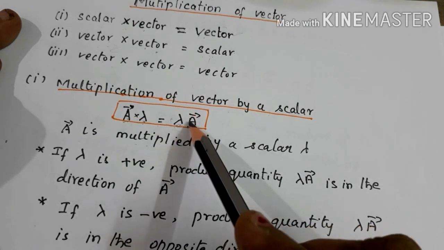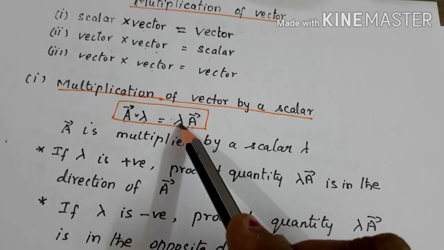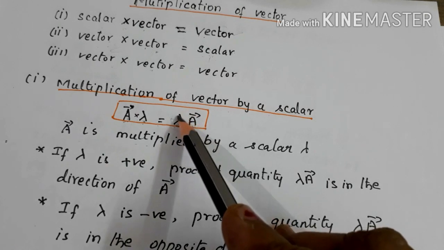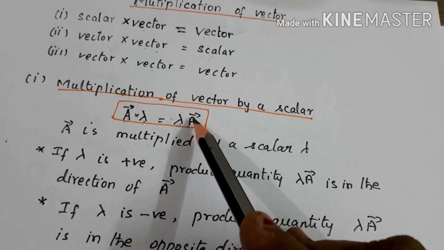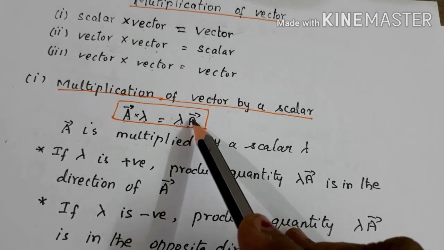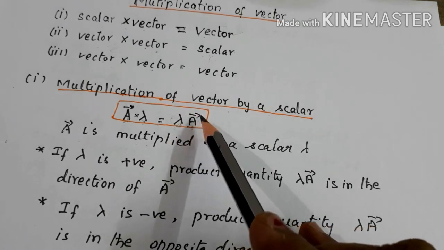In case lambda is positive, the product of these two will be a vector, right? So this resultant vector will be in the direction of a vector.